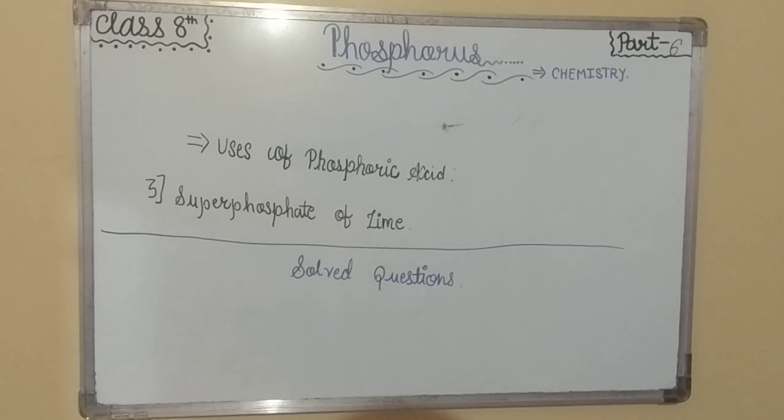And the last question is, what happens when P2O5 is treated with first cold water, second hot water? In answer, phosphorus pentoxide has very high affinity towards water. In first, when treated with cold water, it dissolves in cold water to form metaphosphoric acid HPO3.